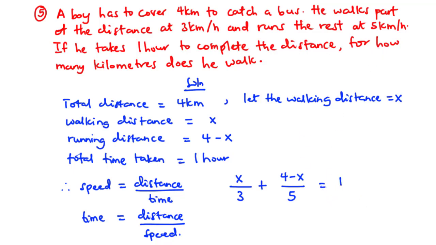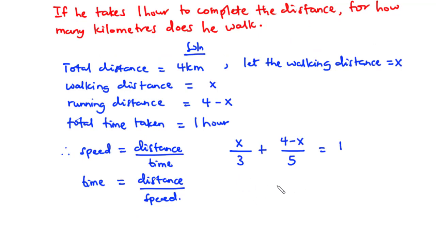Okay. Now we can find the LCM. So LCM between 3 and 5 is 15. 15 divided by 3 is 5. 5 times x is 5x. 15 divided by 5 is 3. 3 times 4 is 12. 3 times x is 3x. So this is equal to 1.